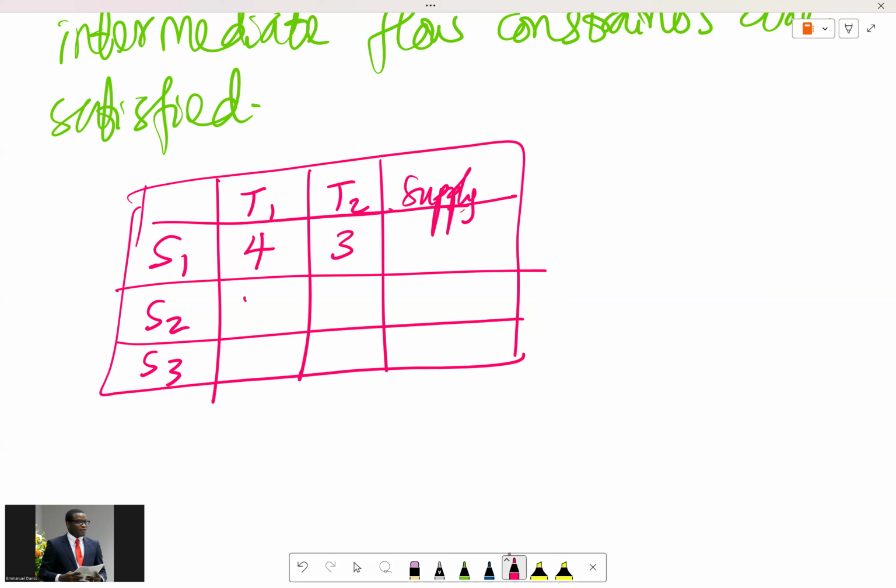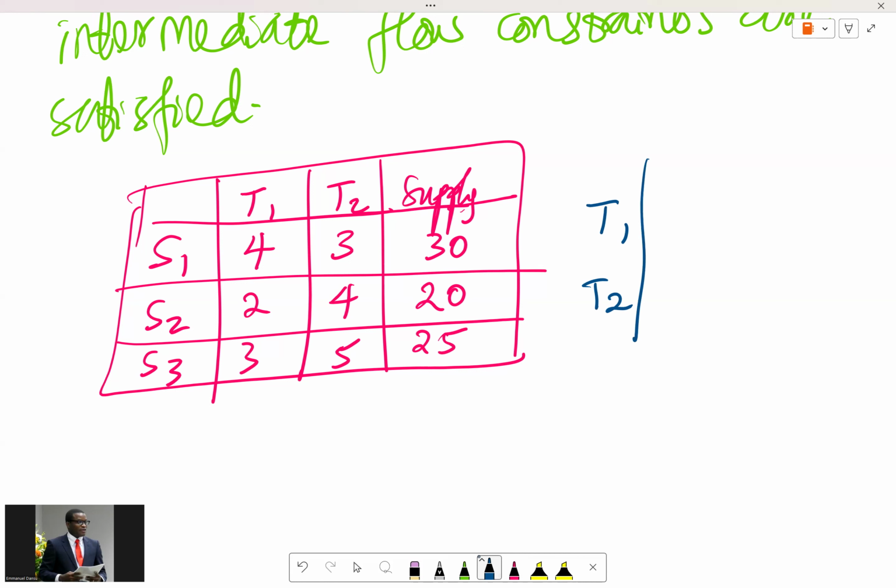This costs $3, 2, 4, 3, 5. And the supply capacity from supplier one is 30, maybe 30 trucks or 30 whatever, then 20 trucks, 25 trucks, so to speak. Since it involves transshipment, we now need to consider the transshipment nodes and how they finally move to the destinations. So we have destination one, destination two, and destination three here.